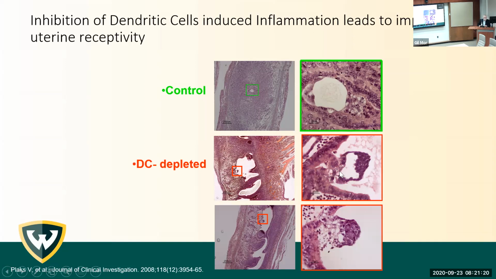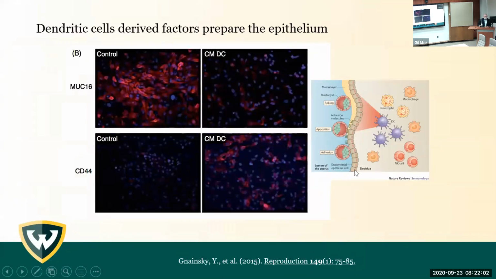You see clearly the embryo here, but it's not able to implant. It tries to establish a relationship to bind to the uterus, but as you see here, it fails and falls away. So if the dendritic cells are not present at the time of implantation, the blastocyst is not able to attach firmly to the surface epithelium of the uterus, and the pregnancy will fail. There will not be implantation, and of course, there will not be a pregnancy.